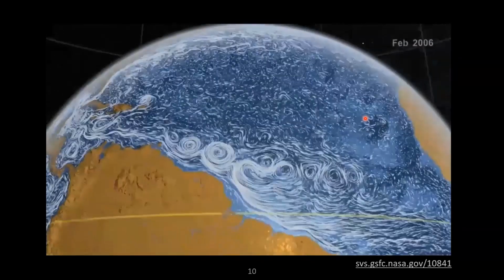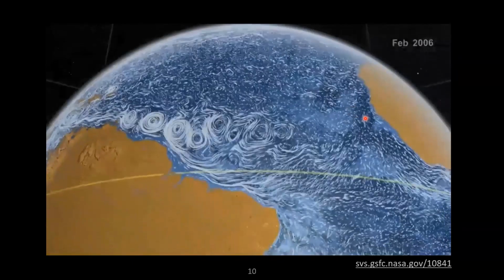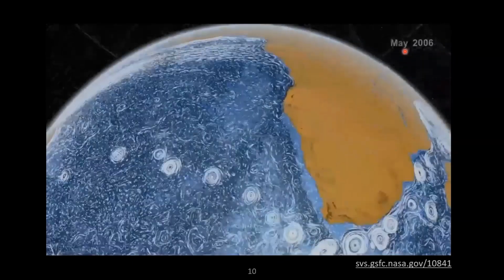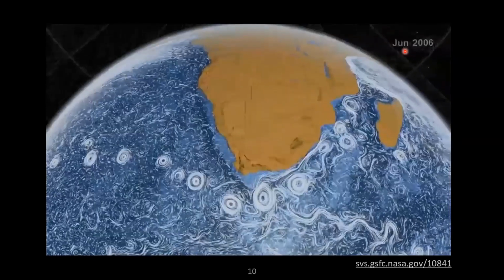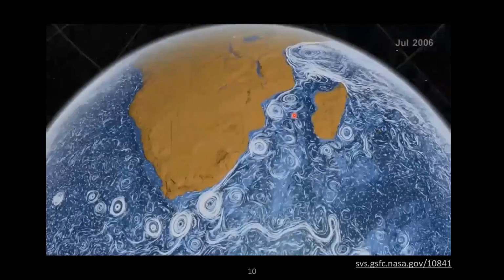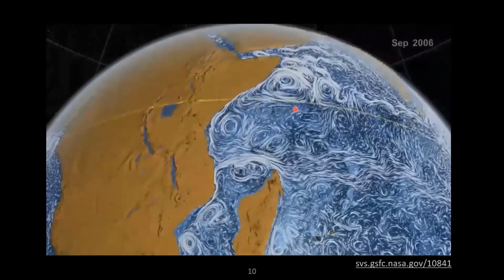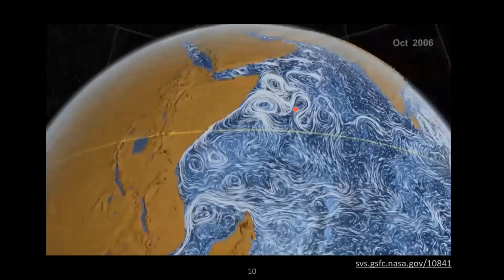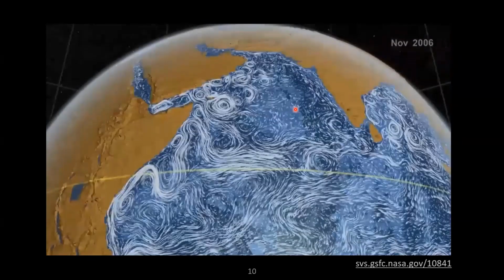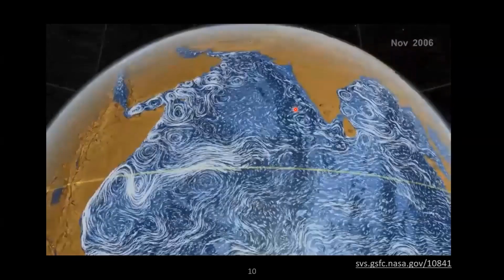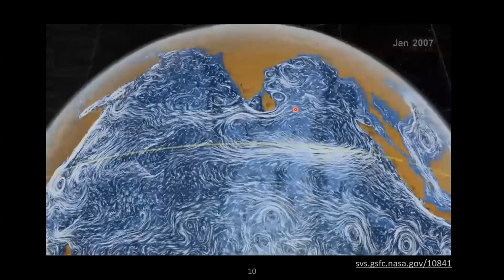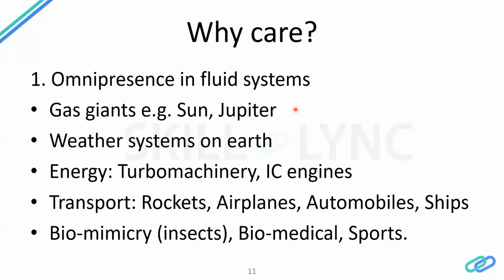On the top right, you would see that the time scales are in days and months. You see all these vortices shed from the continent of Africa, and how the waters are all interconnected, for example, from Sri Lanka, the south of India, to Africa, and so on. You would see these are similar types of motions that we have made observations of in the past slide.